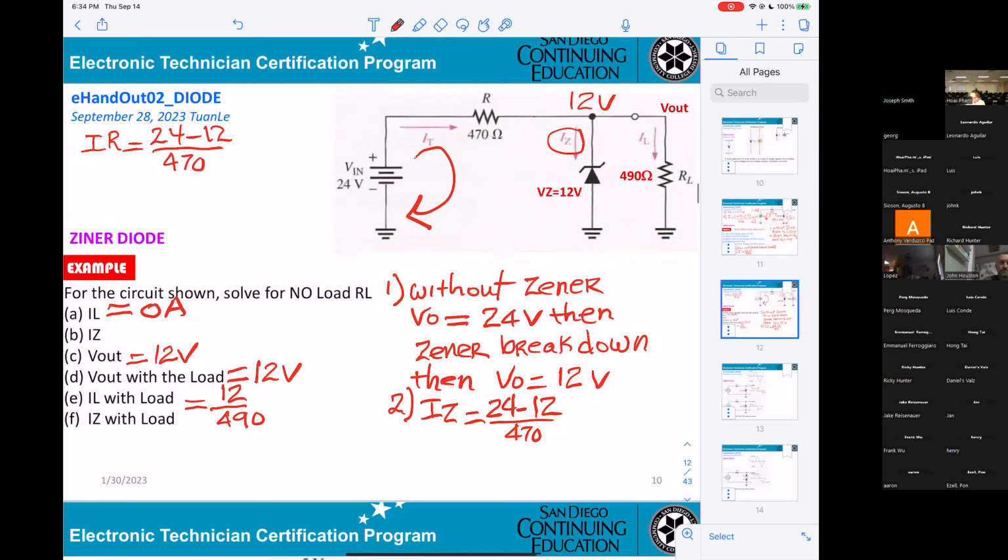And IR, that means when the current goes up here, one will go here, one will go down here. So you can calculate the IG. IG equals IR minus IL.